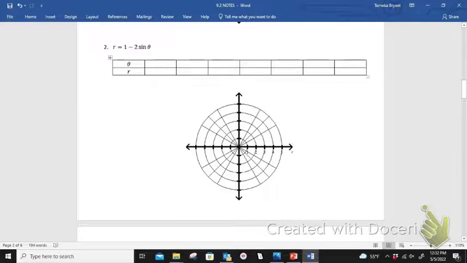Let's go ahead and start building our table. There really is no wrong way. You just start picking angles and substituting them into your table. I'm going to start with 0, and I usually just go around the unit circle. When you start to see your points overlap, you know you have enough.